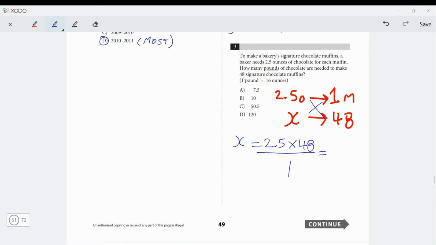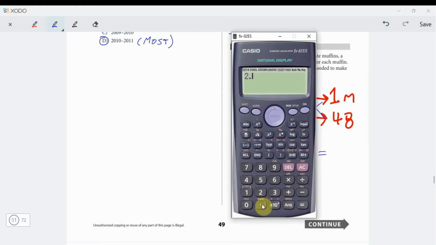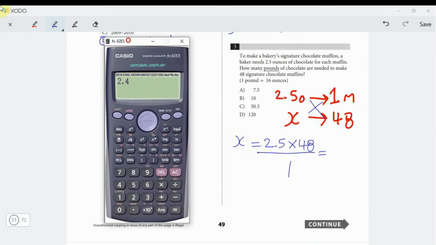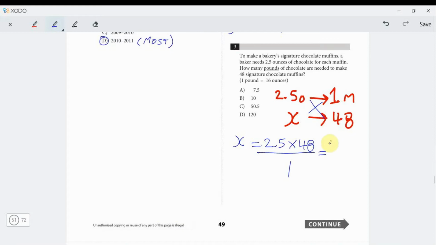You put that in your calculator, 2.5 times 48. That's giving us 120. But guys, this is 120 ounces. Remember they told us at the bottom right here, they said 1 pound is 16 ounces.